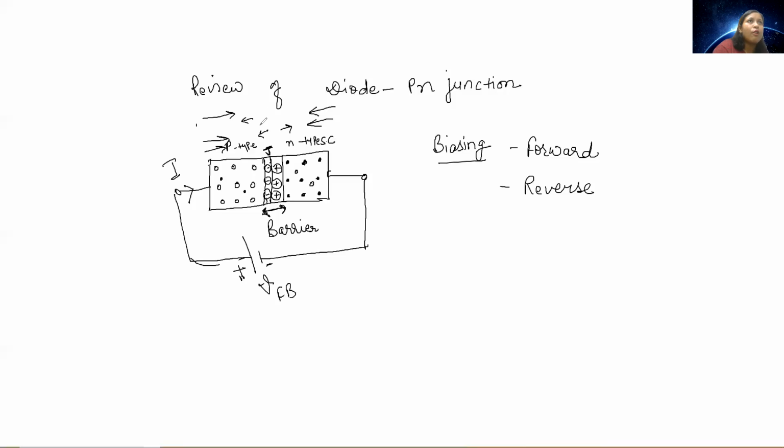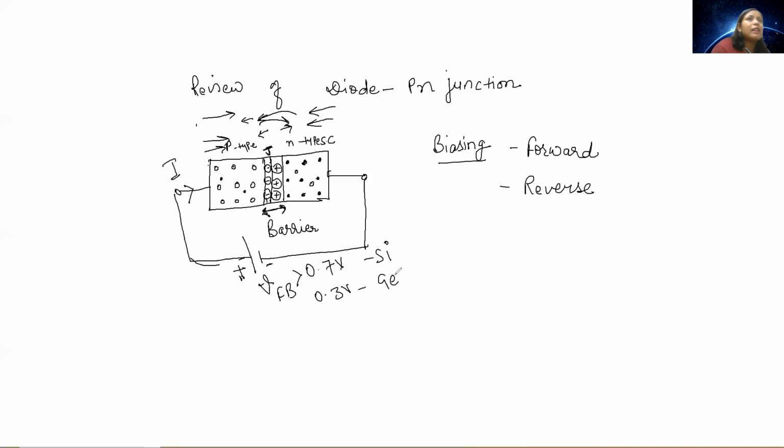The holes from the p-type and the electrons from the n-type will cross the junction easily if the applied voltage is greater than 0.7 volt for a silicon material and 0.3 volt for a germanium material.